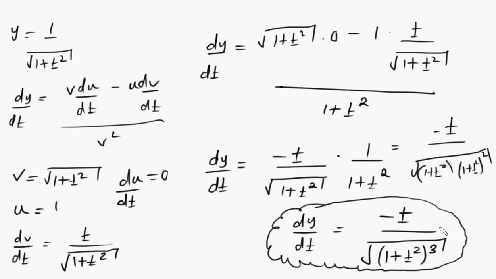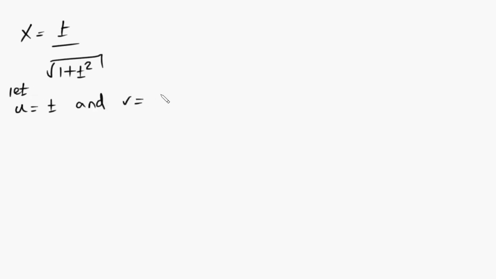So now let's find dx dt. So I have my x now equals to t over the square root of 1 plus t squared. Again, this is a quotient, so I'll just let u equal to t, and v I'm gonna let be the square root of 1 plus t squared.